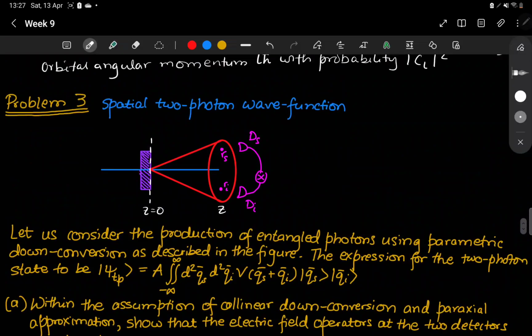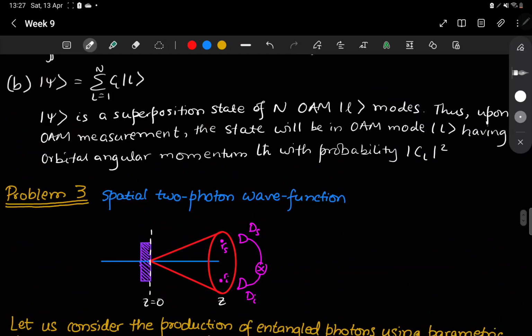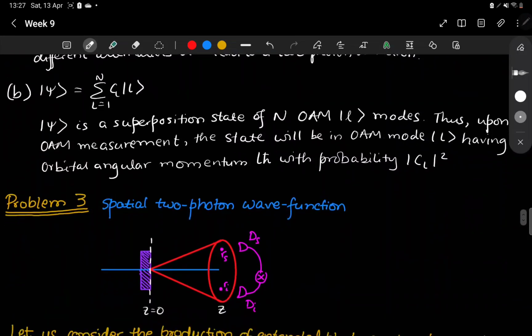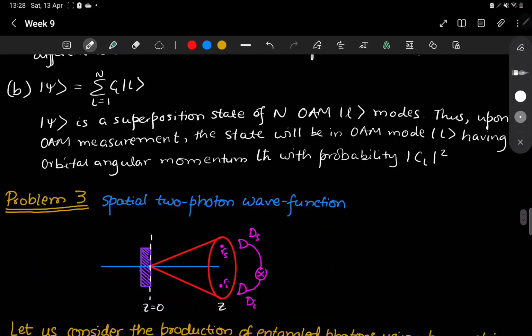It is on spatial two-photon wave function. Just take a minute or two to digest all that we have done before we jump into the spatial domain.